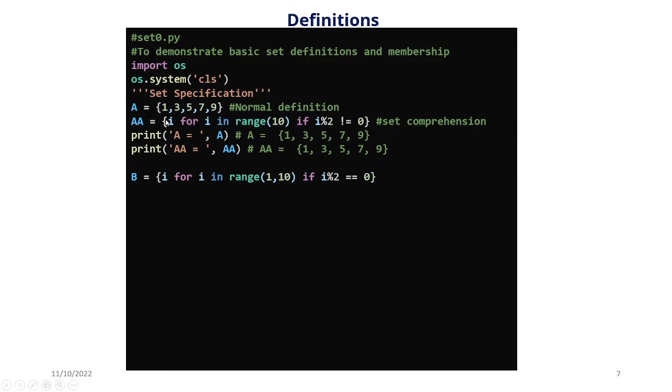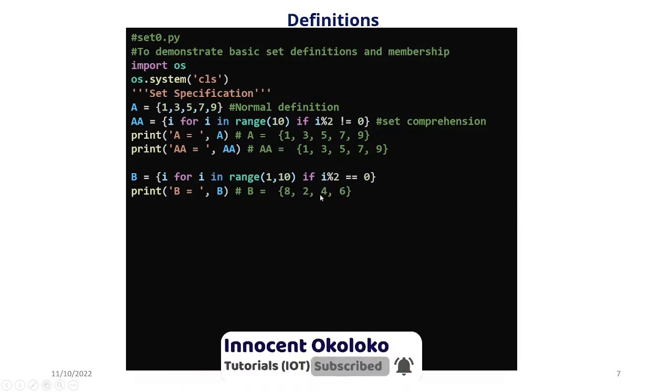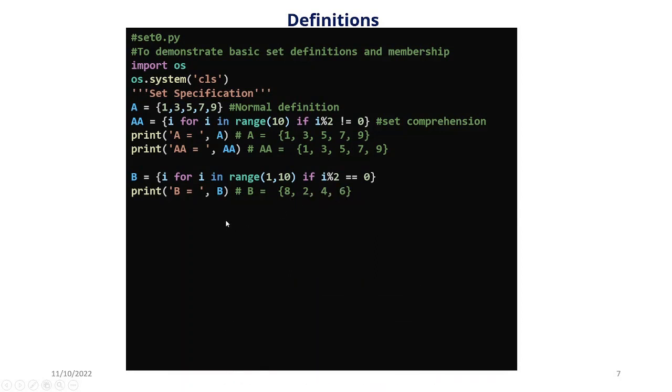It's the same method, just change the modulus to 0. If you print it, you see 2, 4, 6, 8. Like I told you, Python is going to rearrange it because set items are unordered. It can put the 8 first, the 2 after, then the 4 and the 6. It doesn't matter how things are arranged in a set. It's the elements that matter.